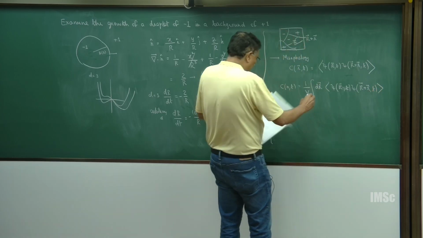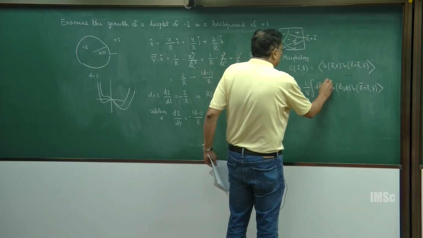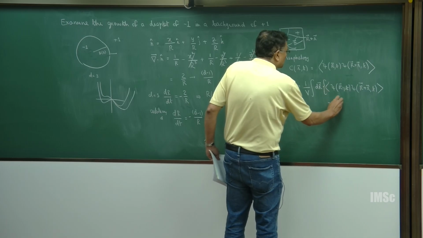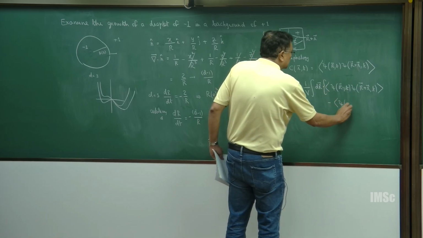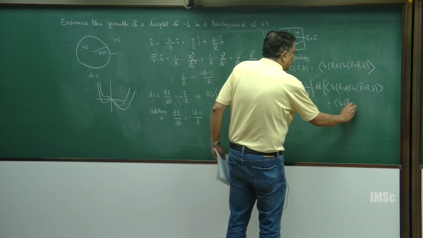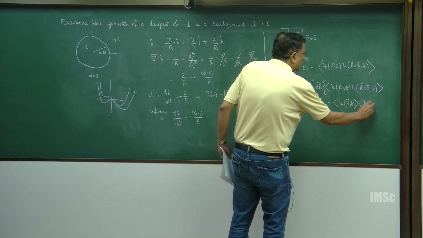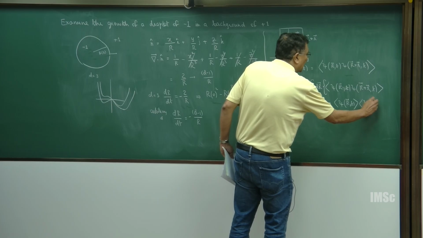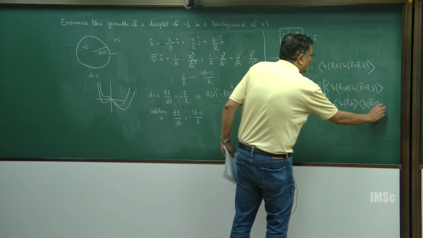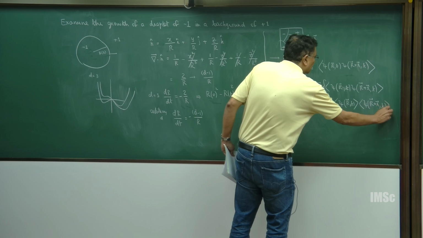And then if you want to subtract off the average, which people usually do, you also subtract off psi(R,t) average and psi(R plus r,t) average.